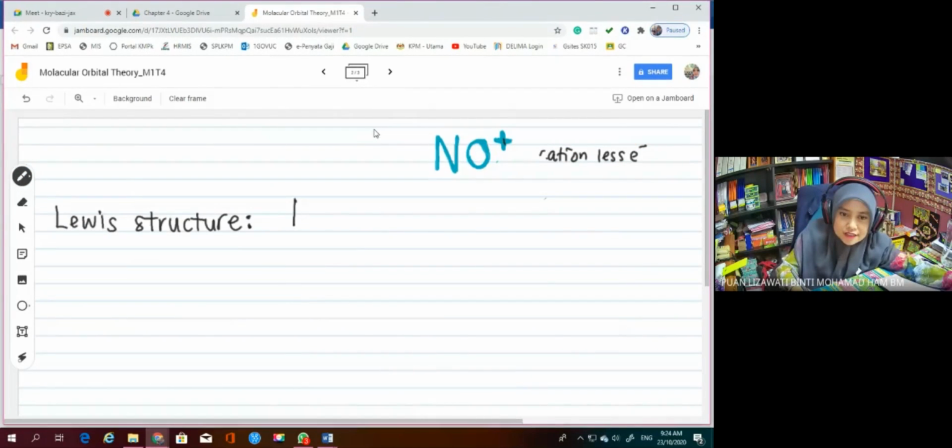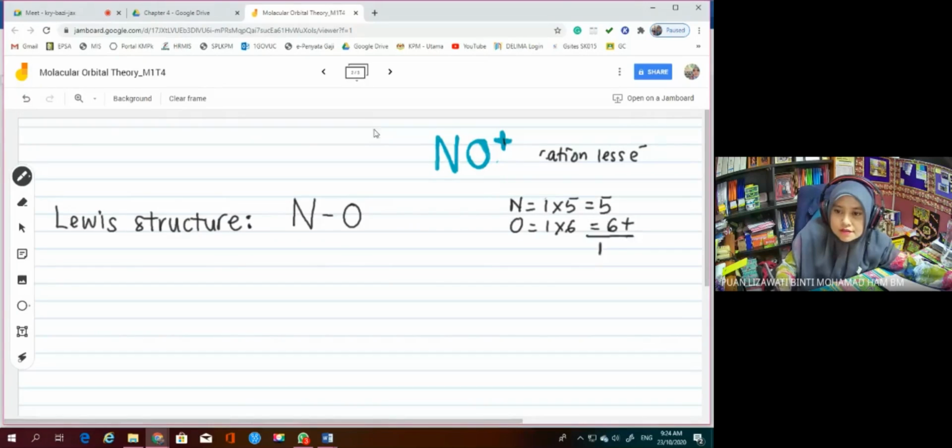N is the center and oxygen is the terminal. So kira balik. Okay. And then we have oxygen 1. So tambah. So since this is cation, has less electron. So minus 1.